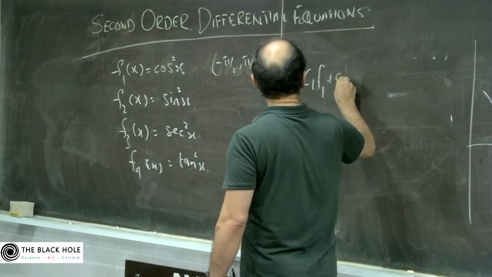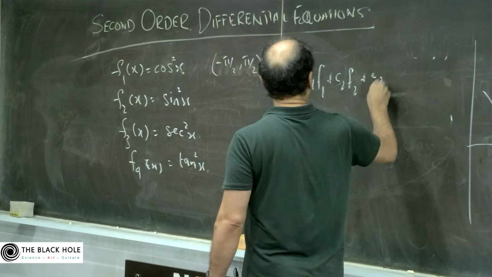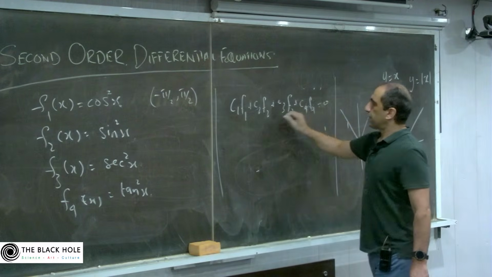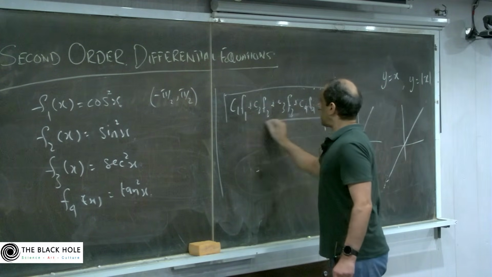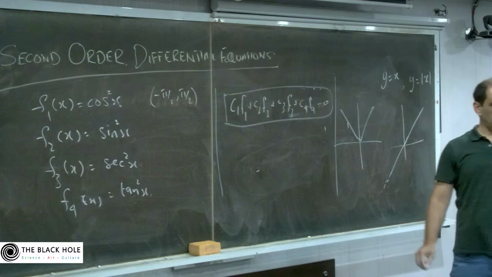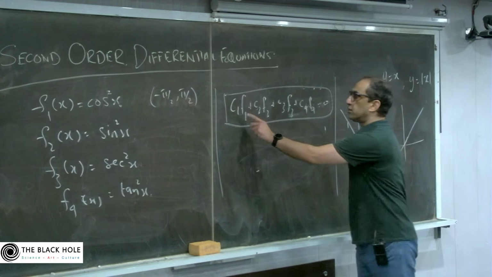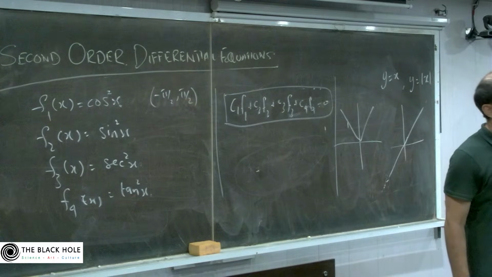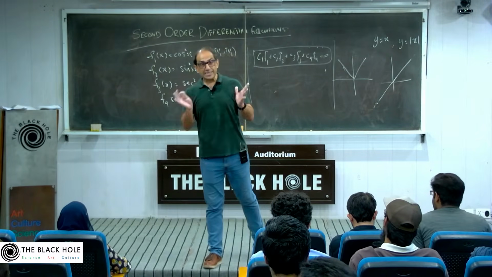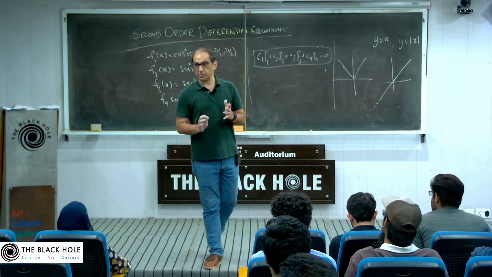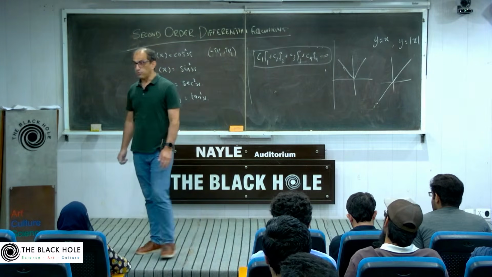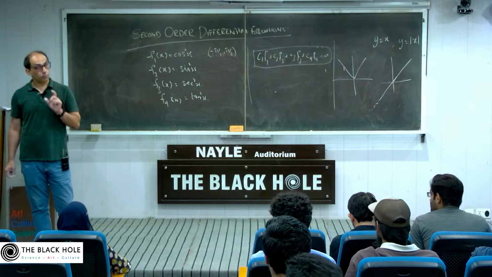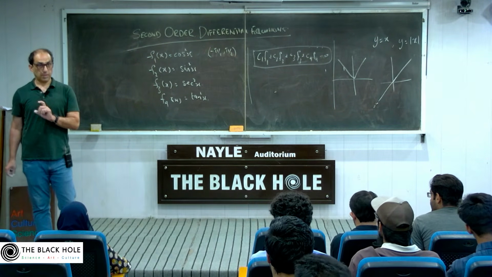C1 F1 plus C2 F2 plus C3 F3 plus C4 F4 is equal to 0 can be shown to be 0 without assuming that C1, C2, C3 and C4 are all zeros. So it means these functions somehow can be expressed in terms of the other. So now you have to prove it by choosing the appropriate C's other than 0.